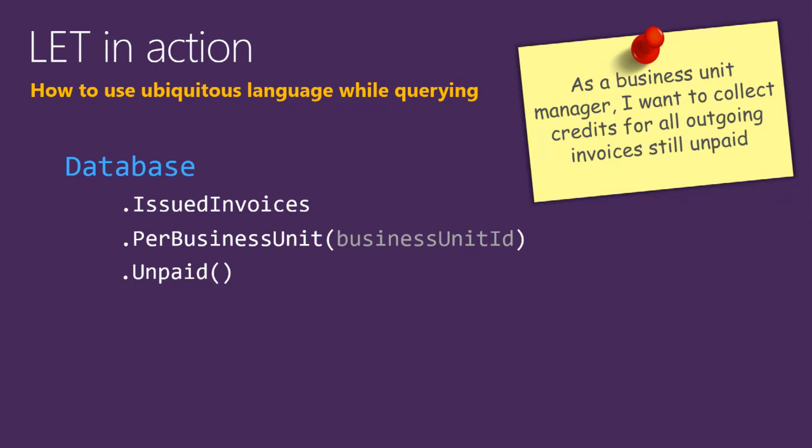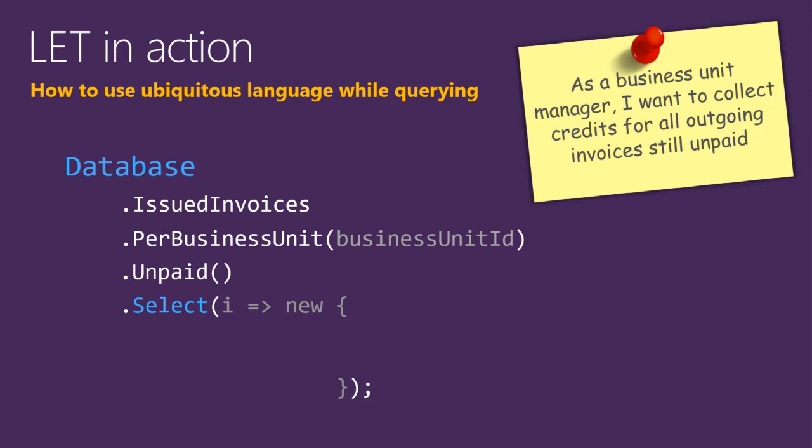Now, PerBusinessUnit and Unpaid are both extension methods, part of our project. We created them as IQueryable extensions just to use the ubiquitous language while querying. At the end of the day, PerBusinessUnit and Unpaid just add further clauses to the where part of the query. After that, we select what?